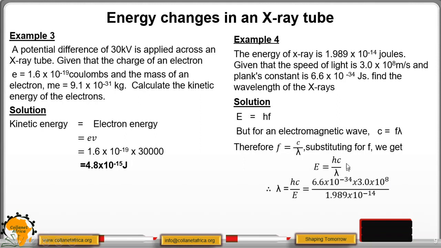After that, put the bracket, multiply the numerator, then divide, put the bracket, insert the denominator, and you'll get this value, 9.955 times 10 to the power negative 12 meters. That is our wavelength of the X-ray produced.